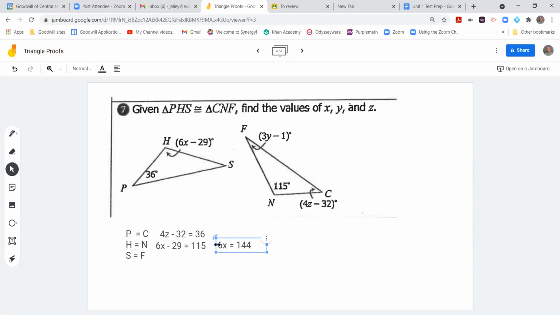I'm not sure about that number, Jonathan. Yeah, sorry, it's 24. Okay, so X equals 24.